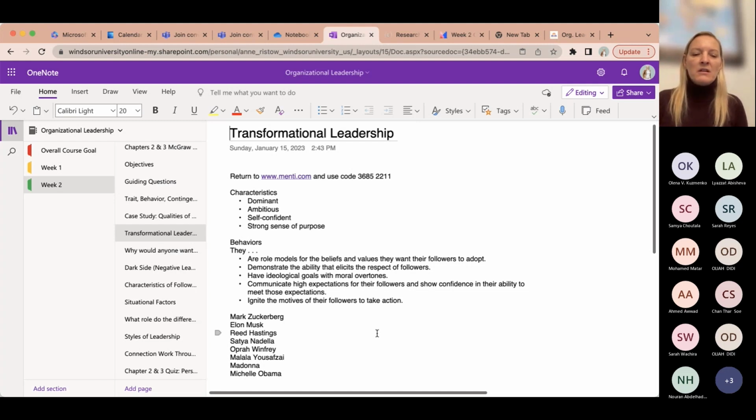So yes, success is an element of importance, but how they define success may look very different to some than to others.